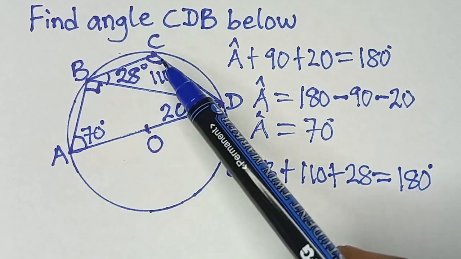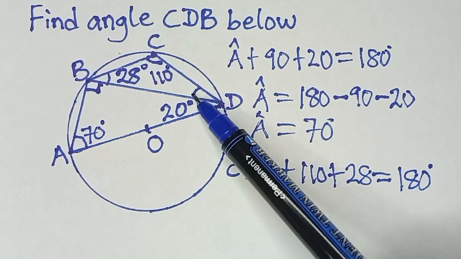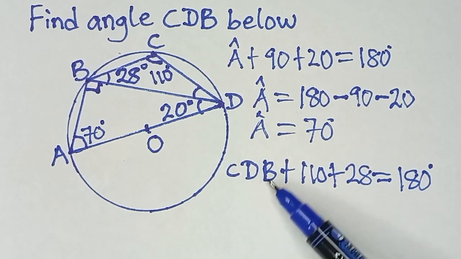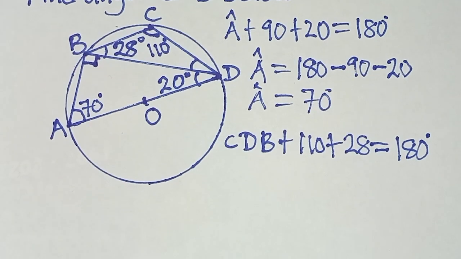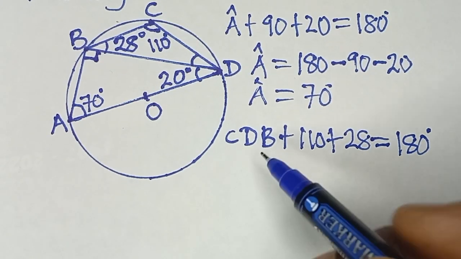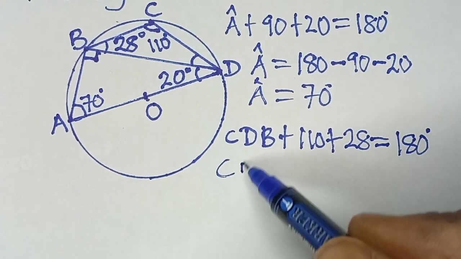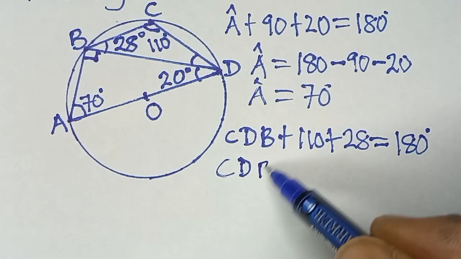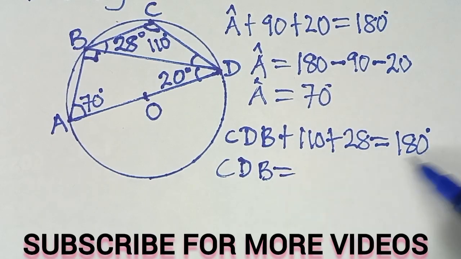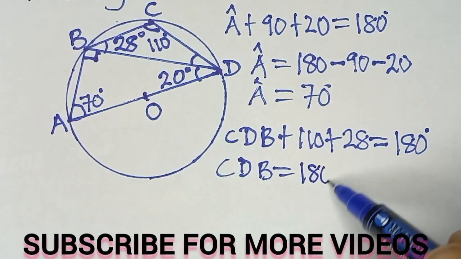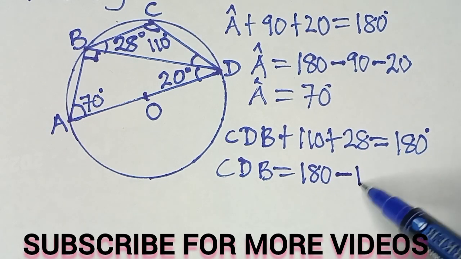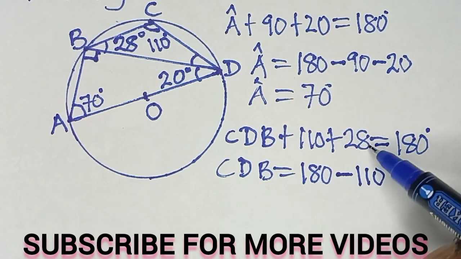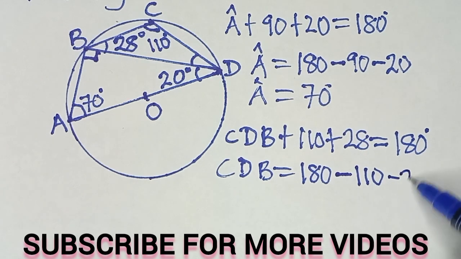So 28 plus this 110 plus this angle that we're looking for, which is CDB, all together add up to 180. From there, we can find the value of CDB. So I can simply say CDB will be equal to this 180 here. When this plus 110 comes to this side, it becomes minus 110. When this plus 28 comes to this side, it becomes minus 28.